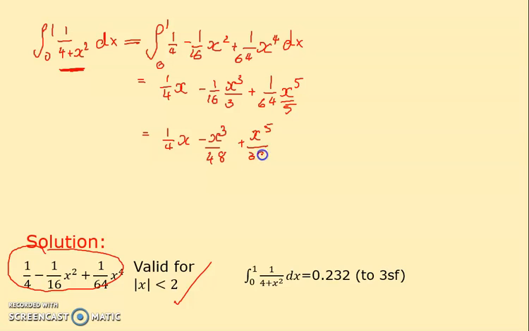That sounds like 320 to me. That's between, of course, the boundaries of the limits 0 and 1. Now if I chuck 1 in, I get a quarter minus a 48th plus a 3/20th. And luckily, actually, if I put 0 into that, I get 0 out on all of them.